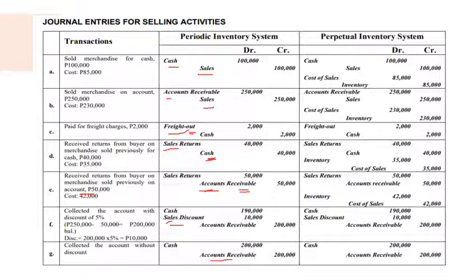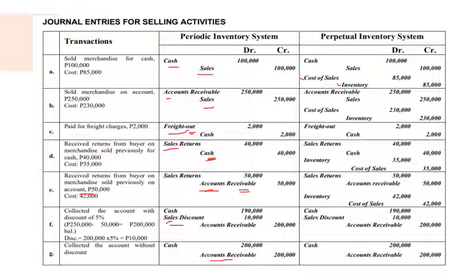The only difference is the additional entries needed for the cost of sales, especially on the sales transaction. Every time there is a sale, we debit cost of sales and we credit inventory.